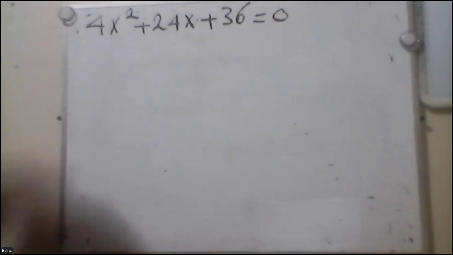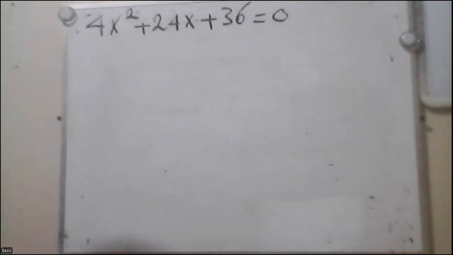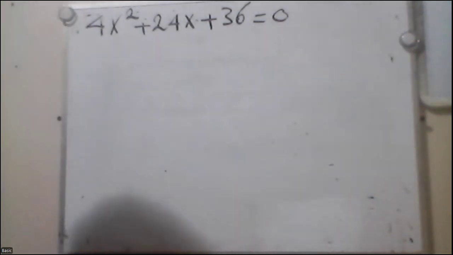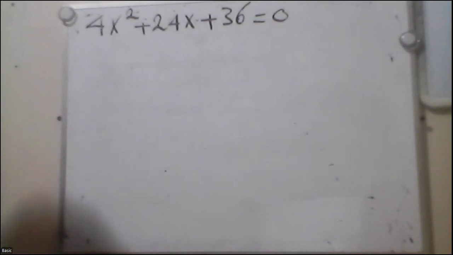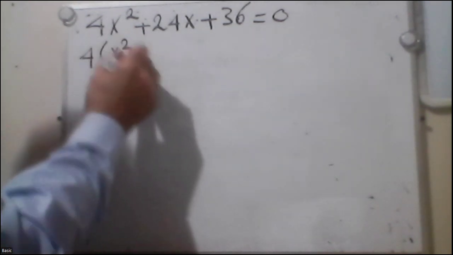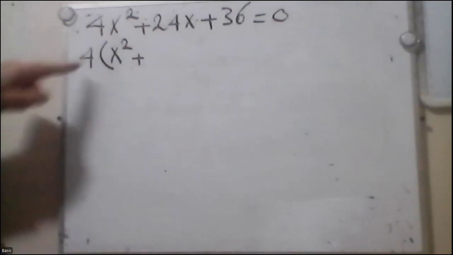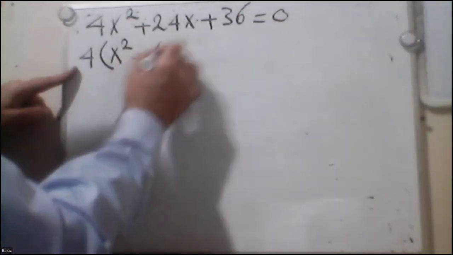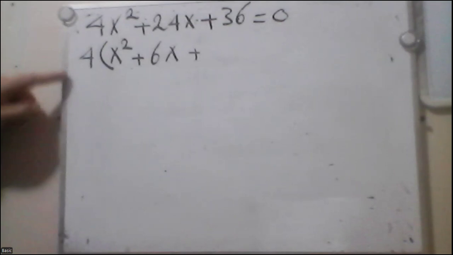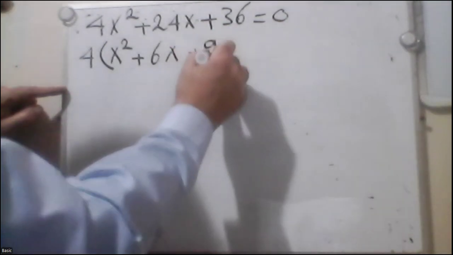I'll try to do the factoring operations which we did before, but we are not able to factor this as it is. In that case, I will take a common factor here, which is 4. Then this would be x squared plus 24 divided by 4, which gives me 6x, plus 36 divided by 4, which gives me 9.